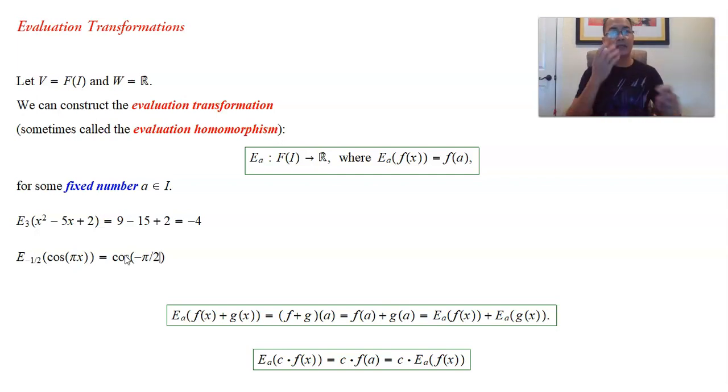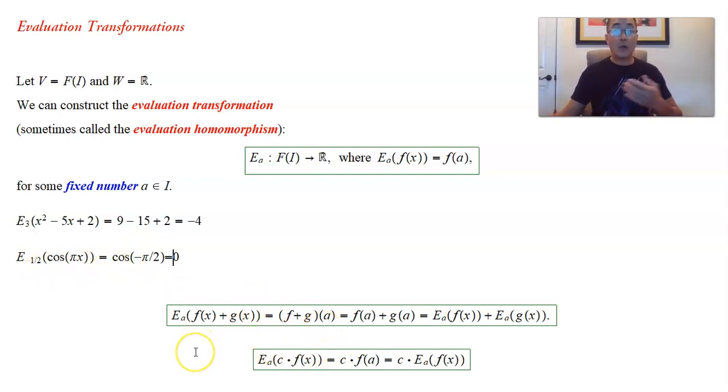Pi times negative 1/2 is negative pi over 2. Negative pi over 2, what is the cosine of that? That is equal to 0. So that is the evaluation of cosine pi x under negative 1/2.